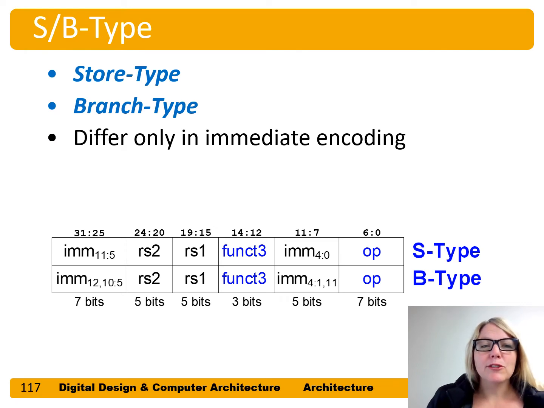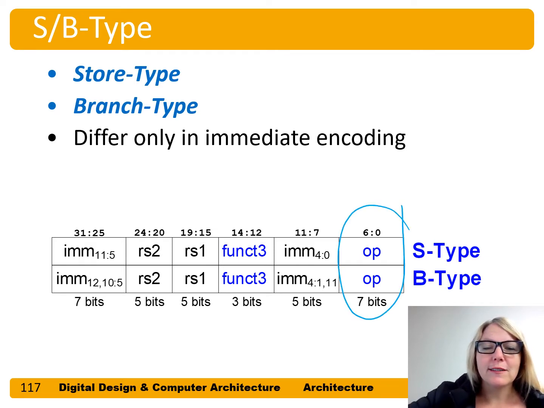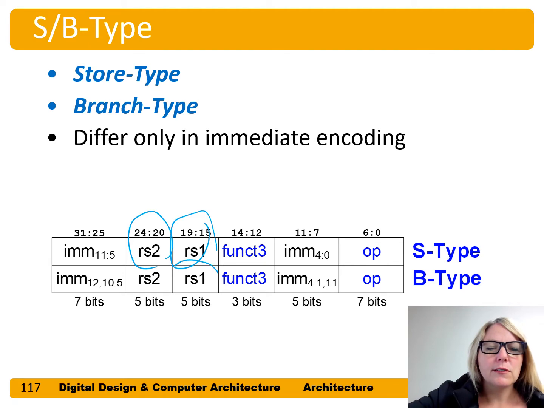The SB type instruction is for, S stands for store and B stands for branch. And these differ only in the immediate encoding. That's why we group them together. So they both have an opcode, like all instructions, a funct3 field, like the other instructions. And then we encode RS1, RS2, so 2 source operands. And then the immediate field.